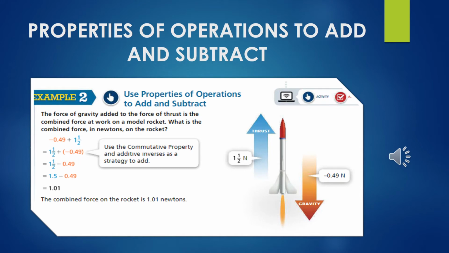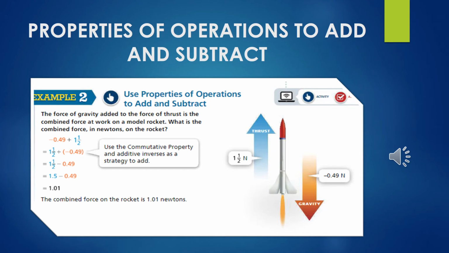In this exercise, we need to find what is the combined force in newtons on the rocket. You can see the diagram at the right, and this rocket has a blue arrow that is going up, so this is going to be positive 1 1/2 newtons. But there is a red arrow too, and the red arrow is going down, so this is going to be negative 0.49 newtons.